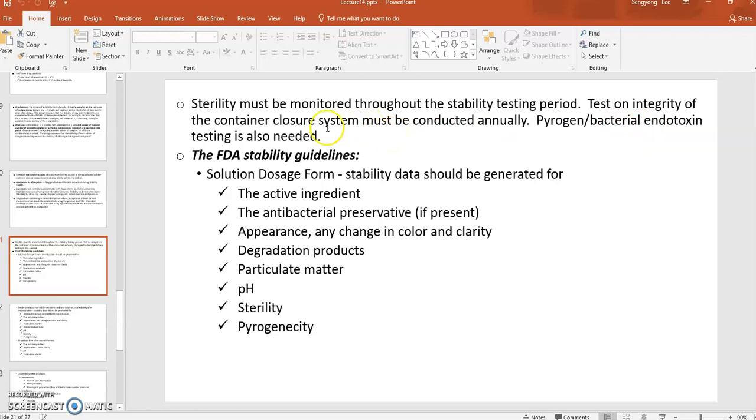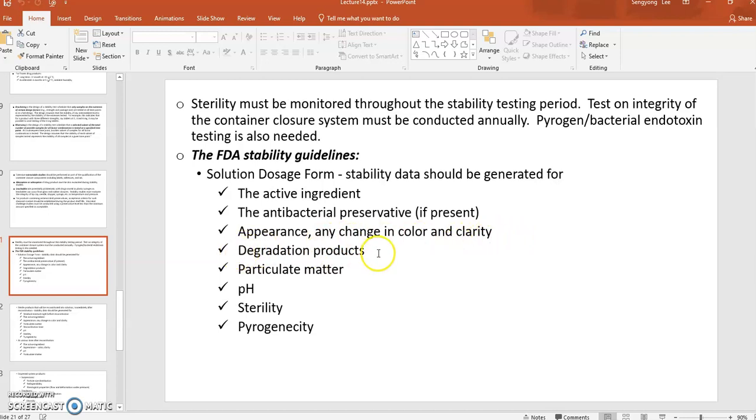Okay, so FDA stability guideline. Solution dosage form, stability data should be generated for the active ingredient. Okay, how much is good during the shelf life, the dosage and activity and everything, and the antimicrobial preservative if present, so that test should be done, of course, and then appearance and any change in color and clarity should also be tested.